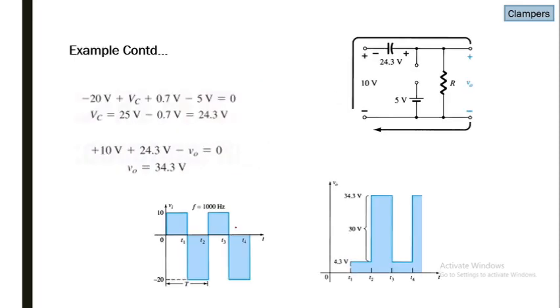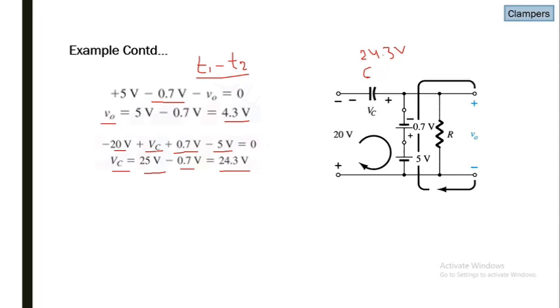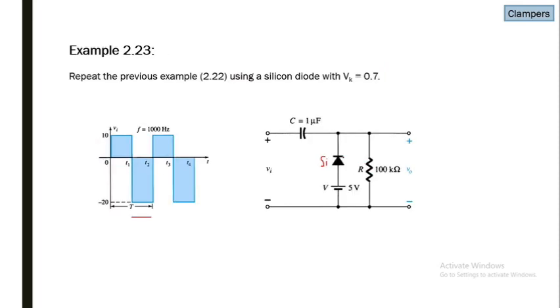Now for the next half cycle, that is T2 to T3, the diode becomes reverse bias because we are applying positive signal at the input, and diode is attached like this.